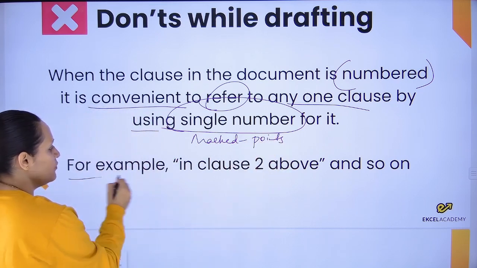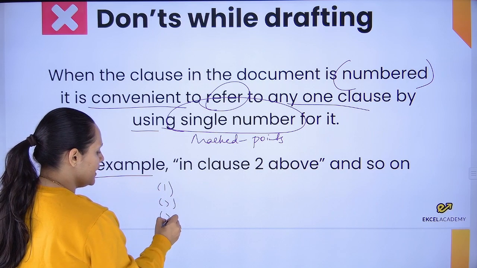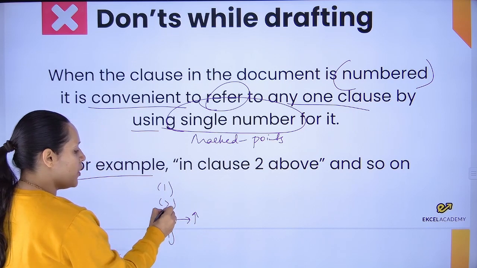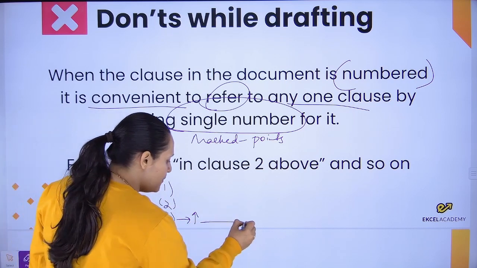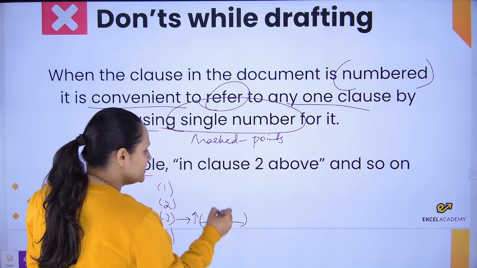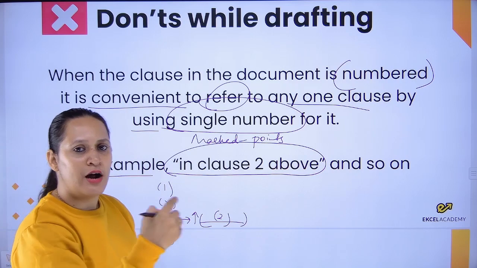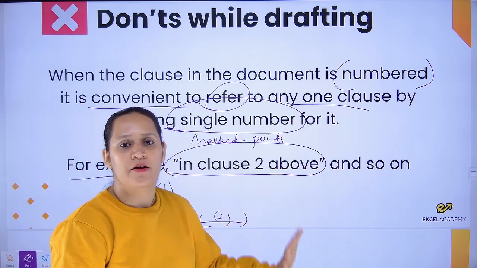For example, if we have mentioned points 1, 2, 3, 4, etc., in point number 3 we may have to refer to the previous point mentioned under point number 2. So instead of writing the entire point number 2 again, you can simply say, as mentioned under clause 2 above, or point 3 is subject to what we have mentioned under point 2.